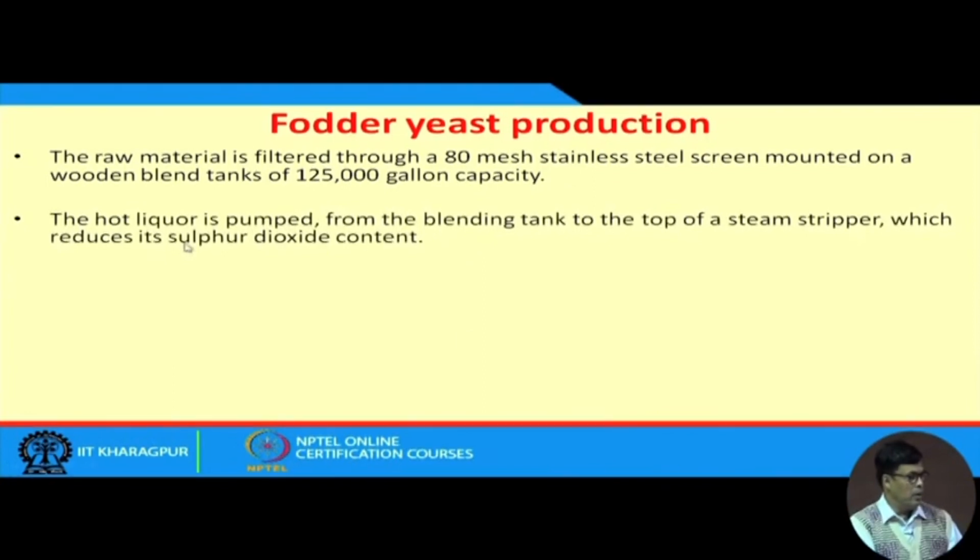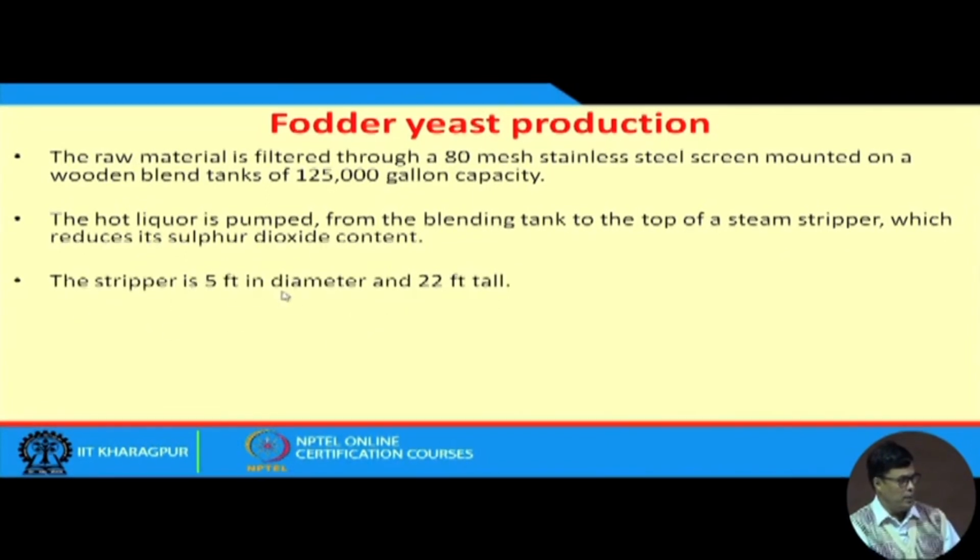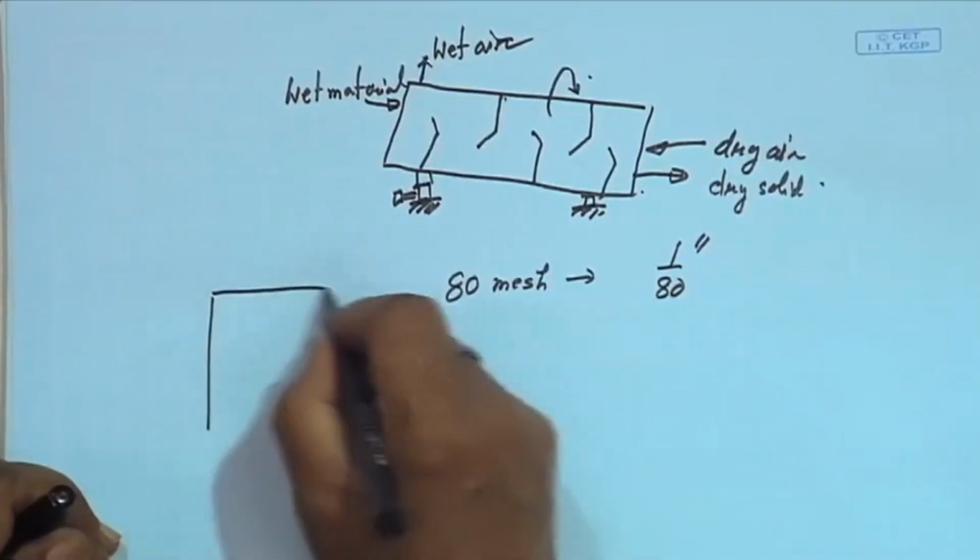The hot liquid is pumped from the blend tank to the top of the steam stripper, which reduces the sulfur dioxide content. I explained how it is done. The stripper is 5 feet diameter and 20 feet tall. So it is very simple.